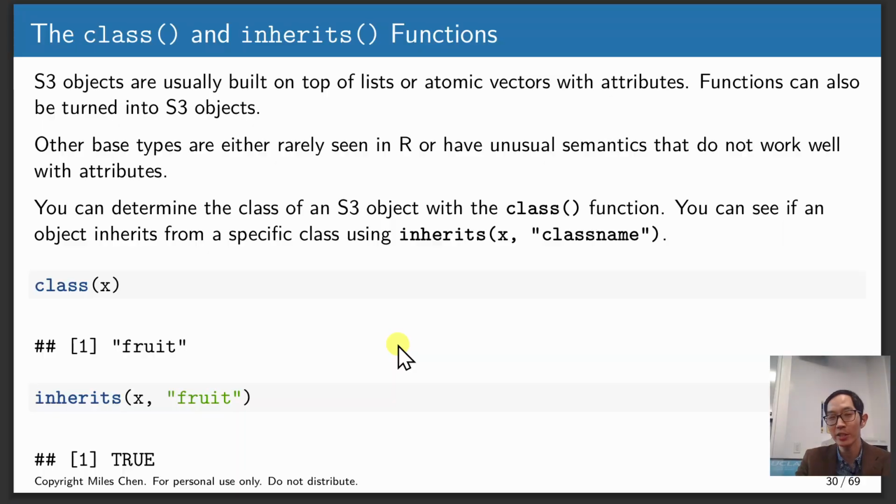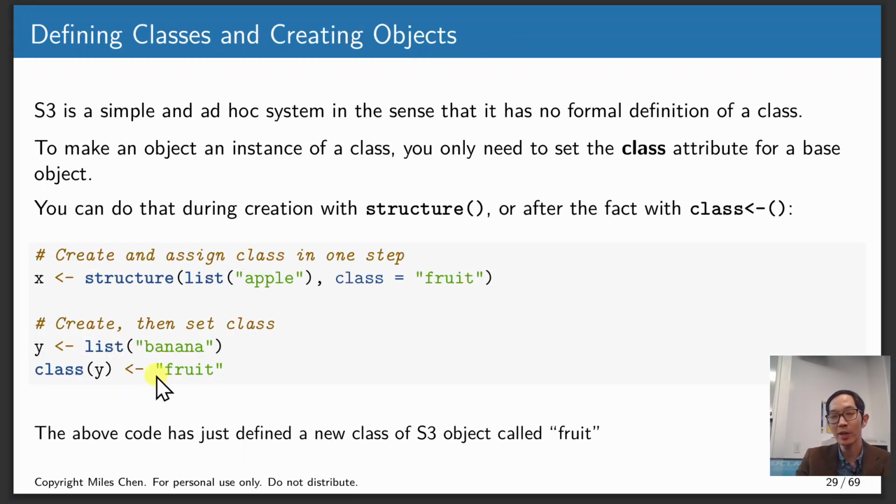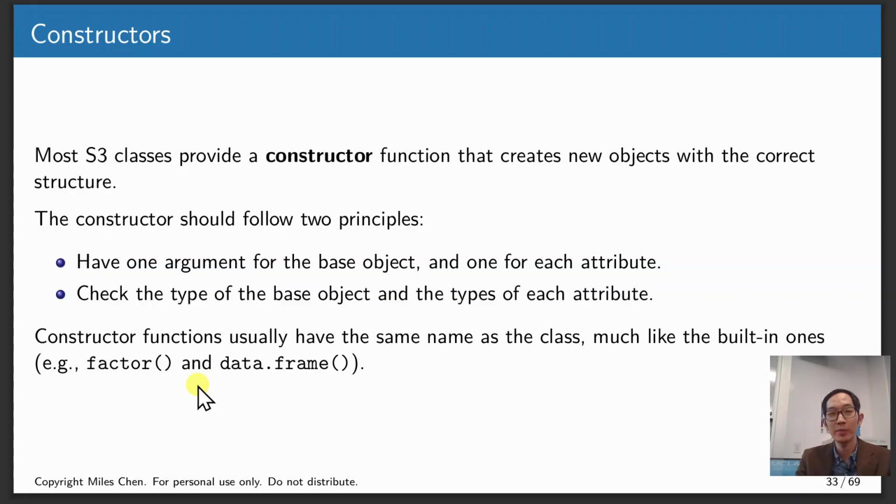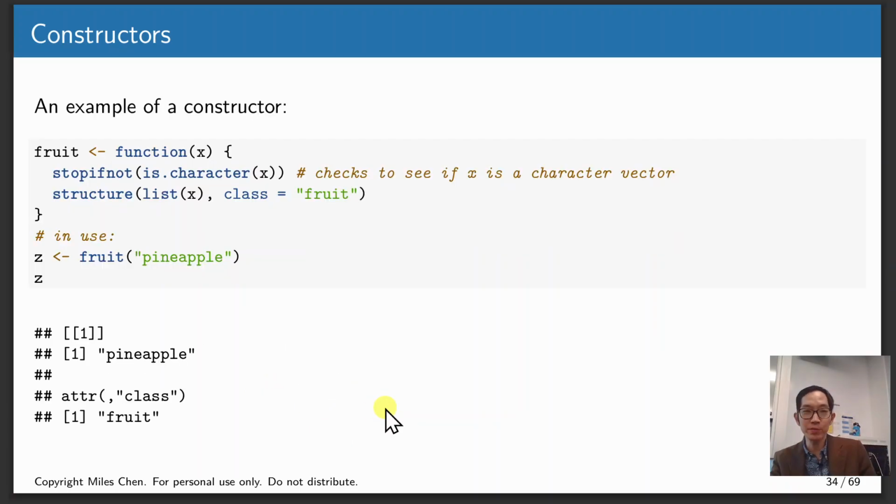Like I created objects of fruit class, and I didn't have a constructor function, and I didn't break R. But it's a good idea that if you want to create classes, you create a constructor function. So basically, if you want to create a factor, there's a function called factor, and this creates factor objects. If you want to create a data frame, there's a function called data.frame, and it creates objects of class data frame. So that would be what we call a constructor function.